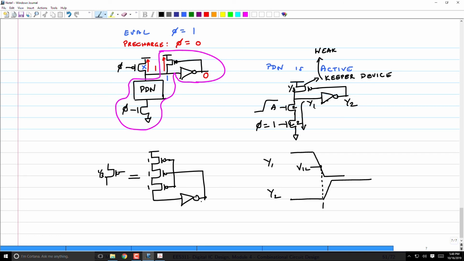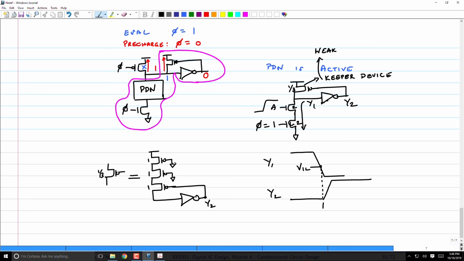Ultimately, I have to optimize for delay. The loading on this node Y2 is too much because it's now going to 3C capacitance. So what you do is, you simply break this and say, well, I will connect only this. These two I will just ground. As long as one transistor in that series path is cut off, it is enough. Here I am reducing the capacitance, but also achieving my weak keeper to be 1/3 kind of size.